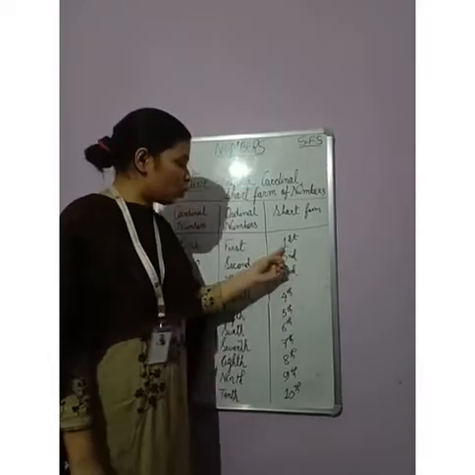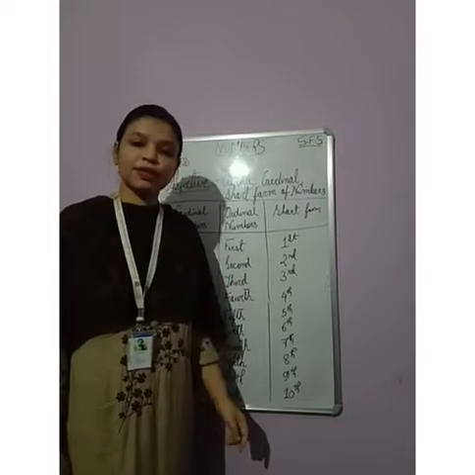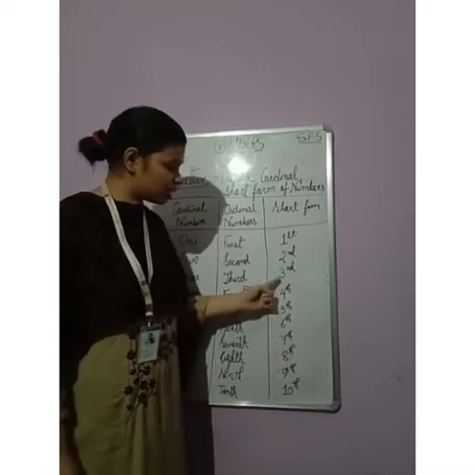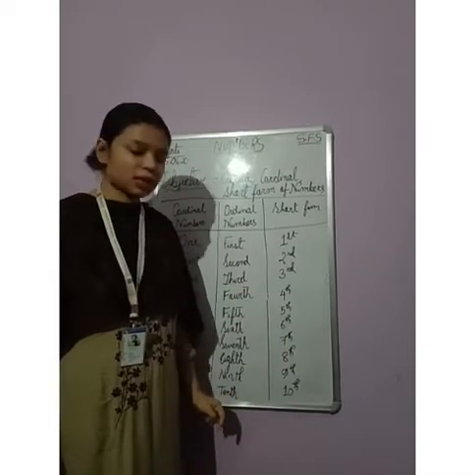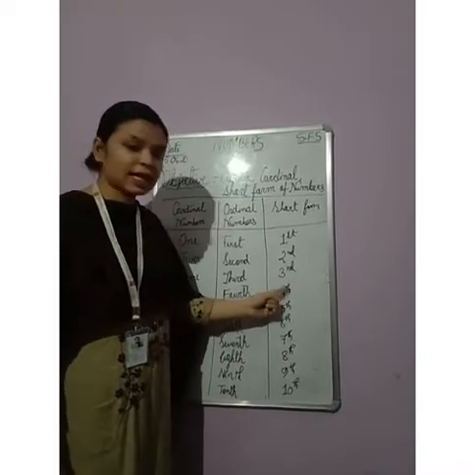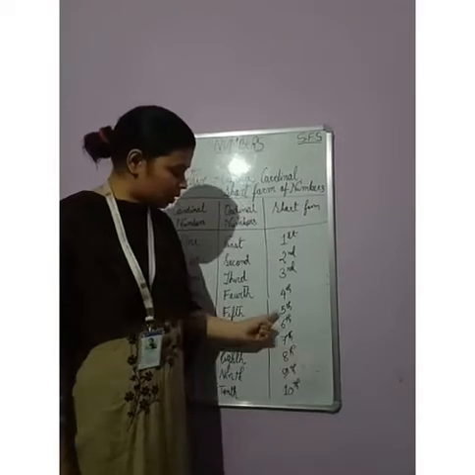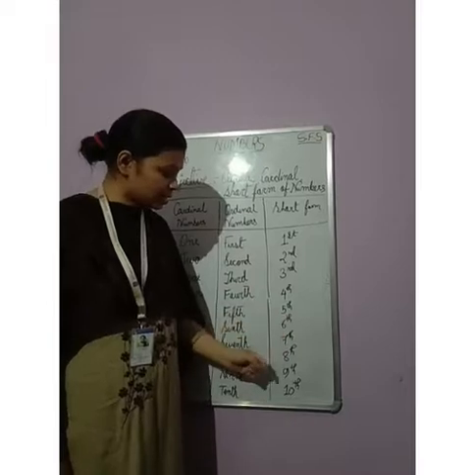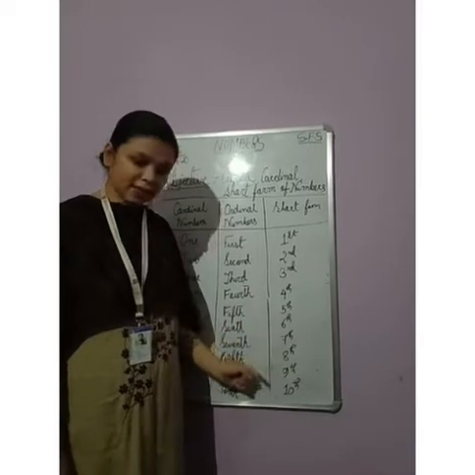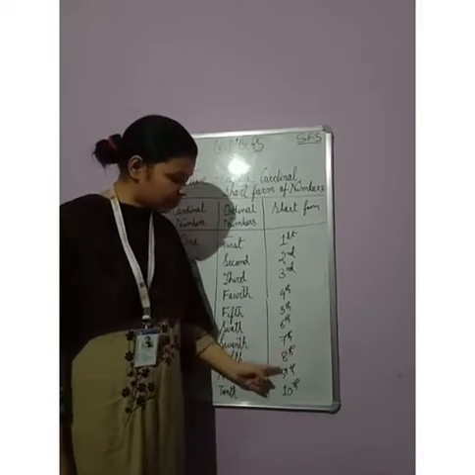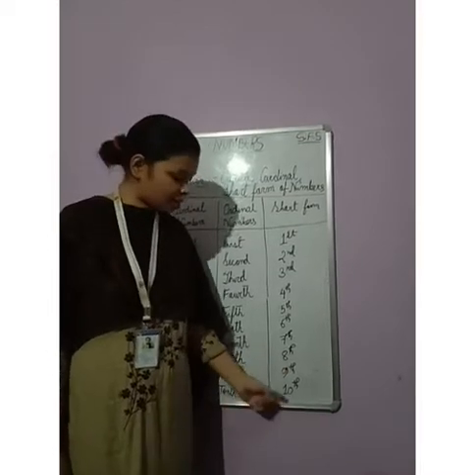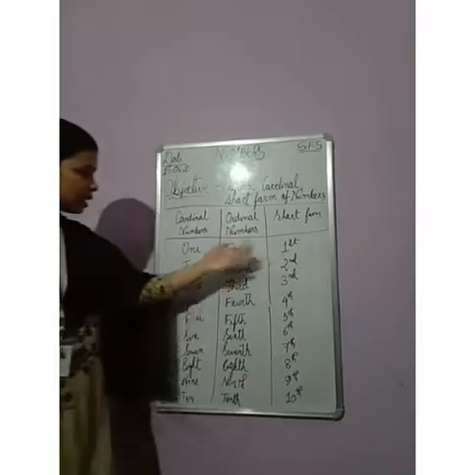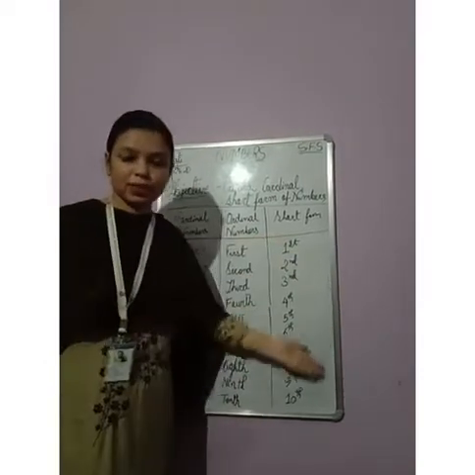Then 1ST is known as first. 2ND becomes second, 3RD becomes third, 4TH becomes fourth, 5TH fifth, 6TH sixth, 7TH seventh, 8TH eighth, 9TH ninth and 10TH becomes tenth. So there are three ways of expressing a number.